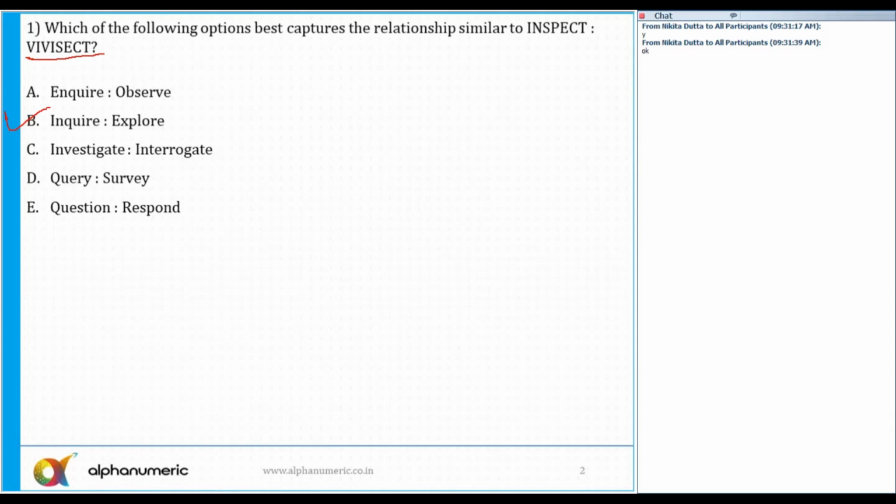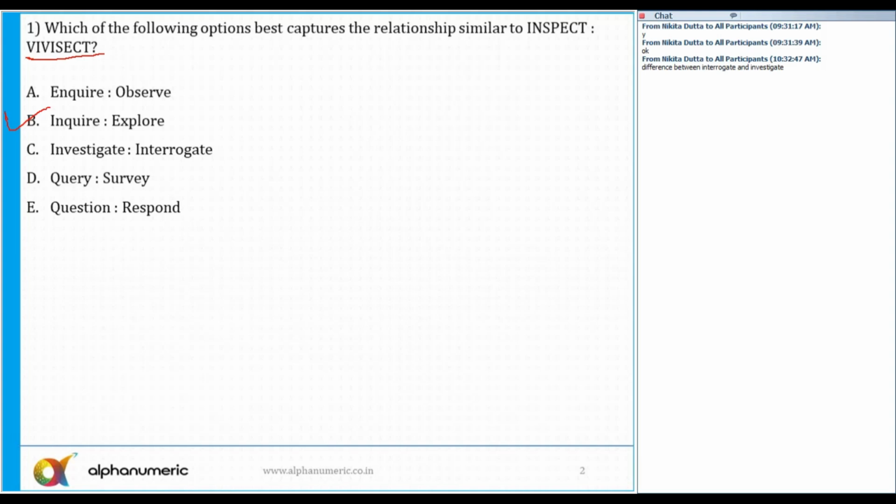Answer should be B. Explore means when you go into the small details, look at things very precisely, things that you generally do not look at. That is when we explore. Answer for question number one is B.